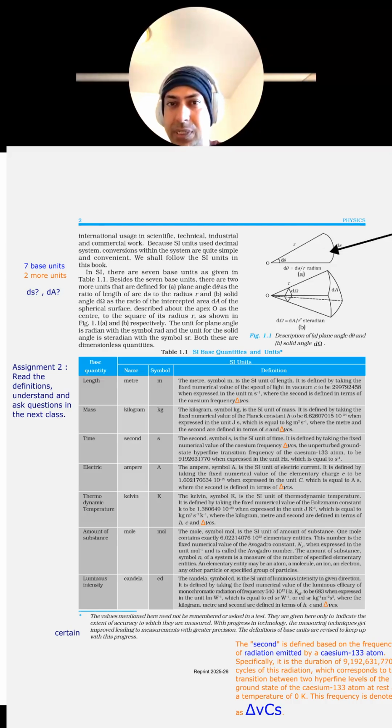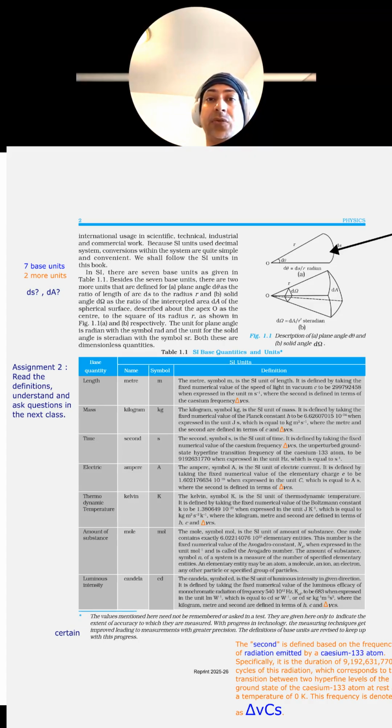And because SI units use the decimal system, using the decimal system is convenient, like describing numbers with 0 to 9. So that is the decimal system. Conversion within the system is quite simple and convenient, and that's why we shall follow the SI units in this book. So in this book, we'll be using SI units, right?